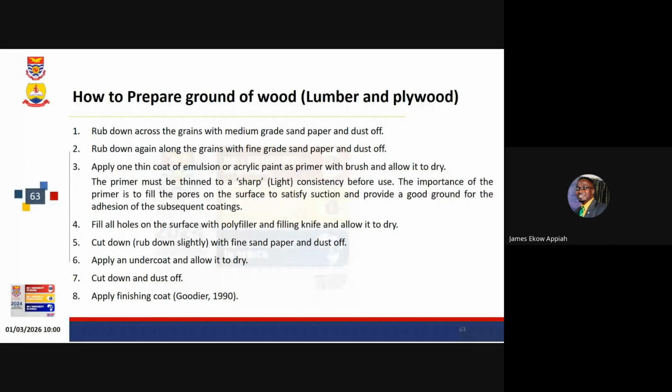You first have to cut across the grain to bring down the rough texture of the surface. Then, when you reach the smoothing portion, you sandpaper along the grain to give a smooth finish. That is the explanation. I hope it is clear. Yes, sir. All right, we can continue.